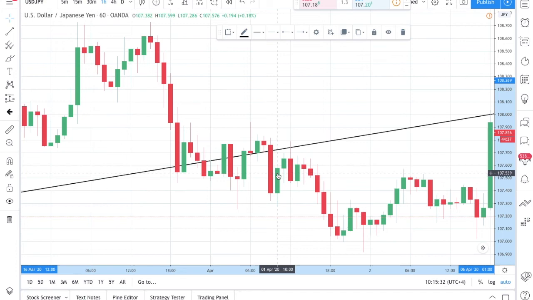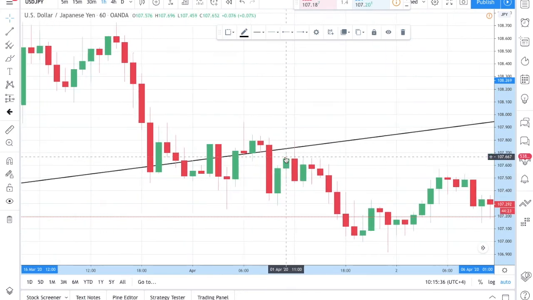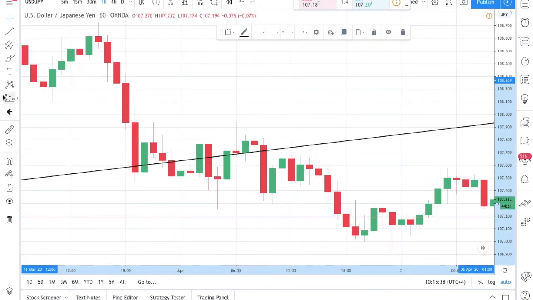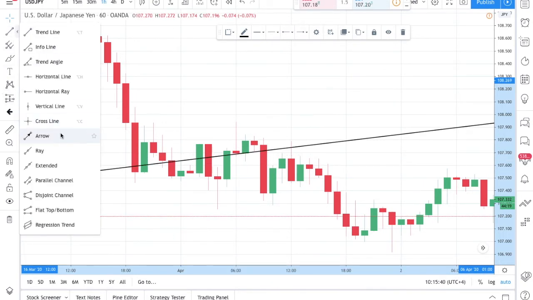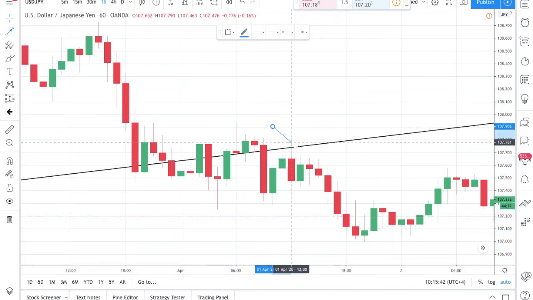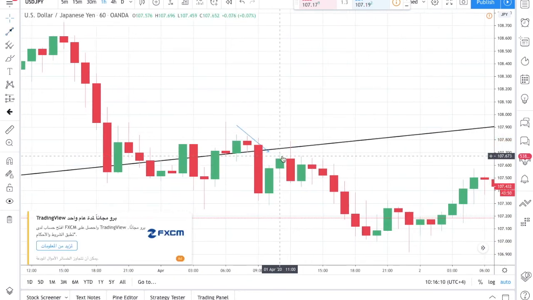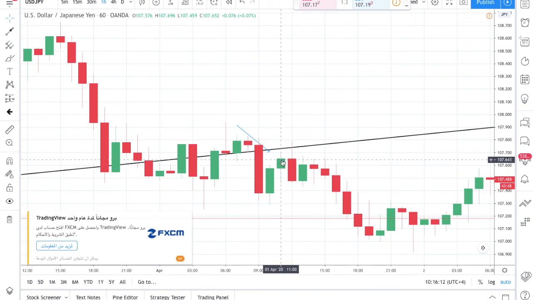So we have a small resistance here, guys. You see? Let me just show you guys. You see here this candle. Yeah. So this is our small resistance line.